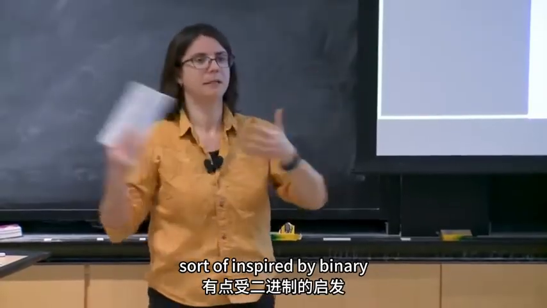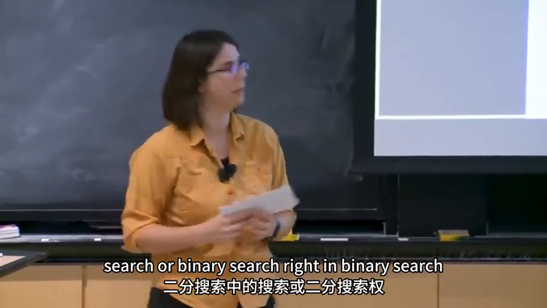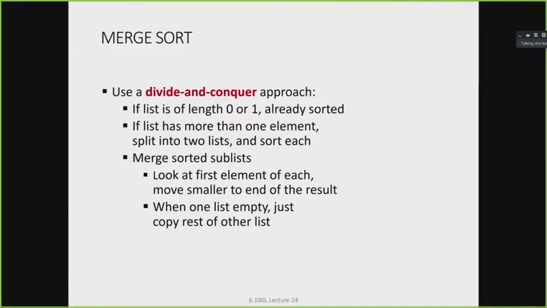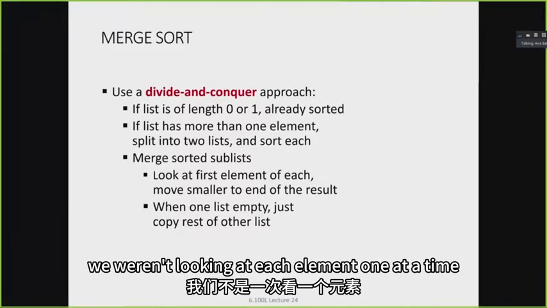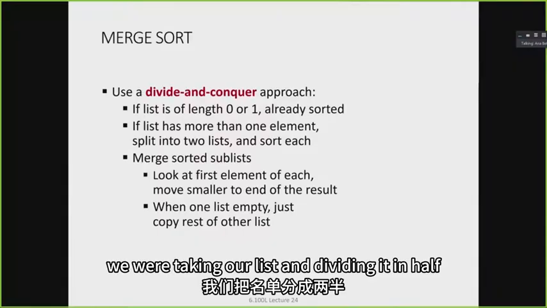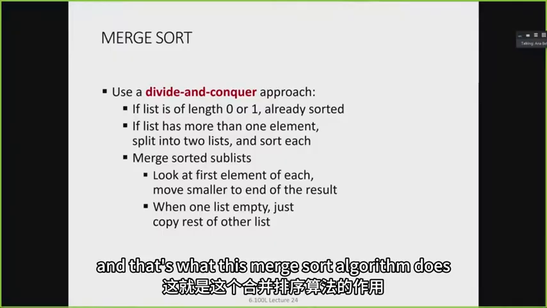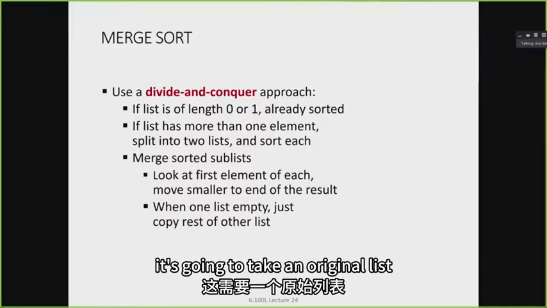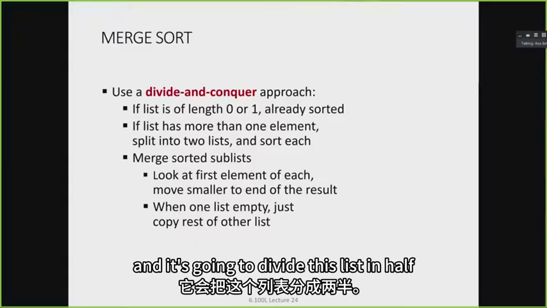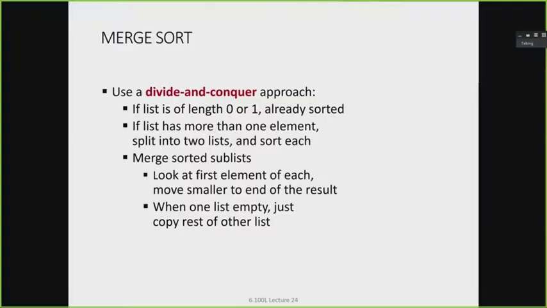So instead, what we're going to do is approach the problem inspired by bisection search or binary search, right? In bisection search, we weren't looking at each element one at a time. We were taking our list and dividing it in half. So we can try to do a similar approach here, and that's what this merge sort algorithm does. It's going to take an original list, and it's going to divide this list in half with each step.